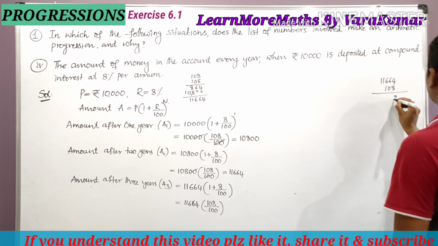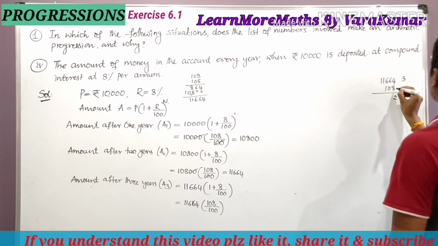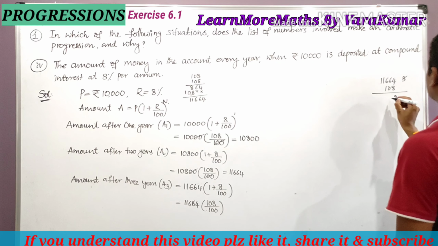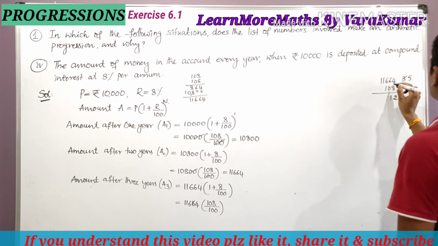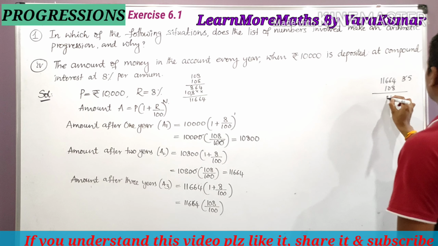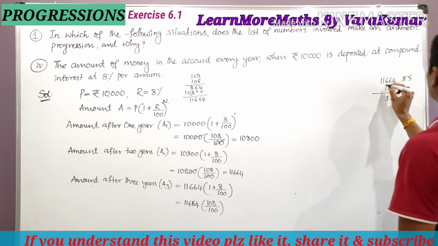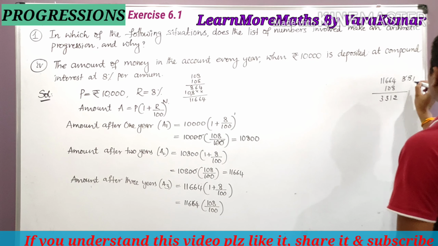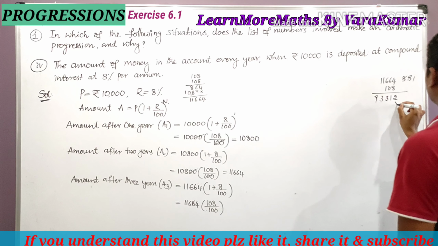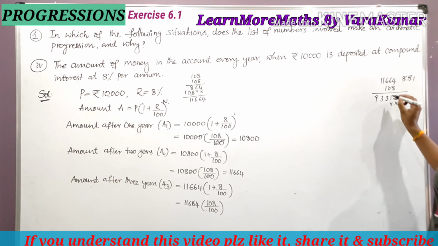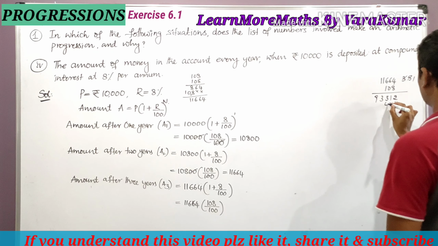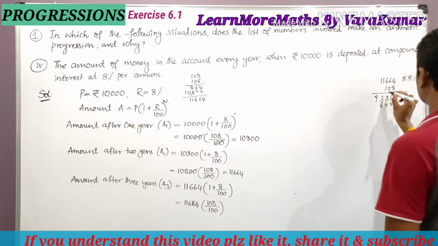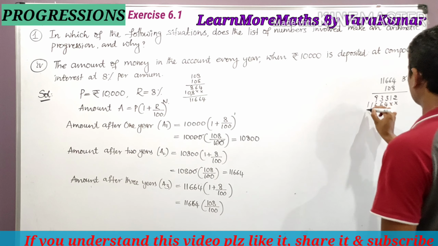8 4s are 32 and 3, student, 8 6s are 48 plus 3, 51, student, 1 and 5. 8 6s are 48 plus 5, 53. Again 8 1s are 8 plus 5, 13. 8 1s are 8 plus 1, 9. Next leave after 2 digits. 1 into 4 is 4, 1 into 6 is 6, 1 into 6, 1, 1.